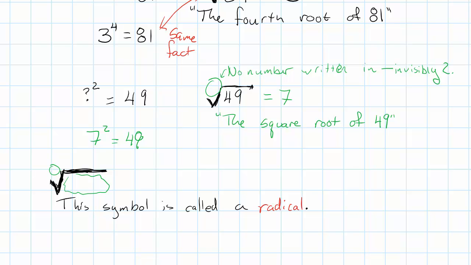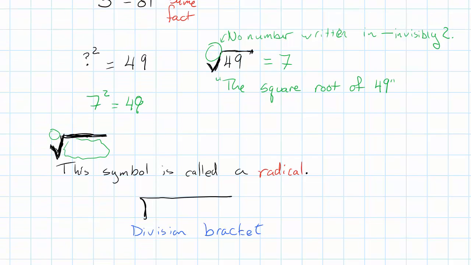Note the difference between a radical and the division bracket, which has just a curve here and not a hook up. This number will be written in small, like an exponent. In the division bracket, this number would be written in full size. It's important to be aware that just as exponents are totally different from multiplication, radicals are totally different from division.